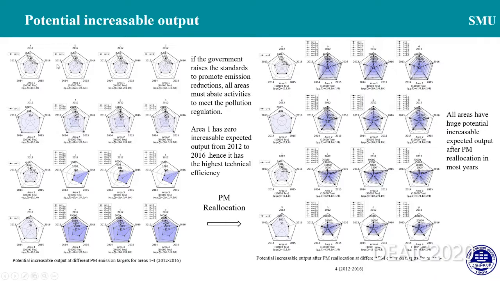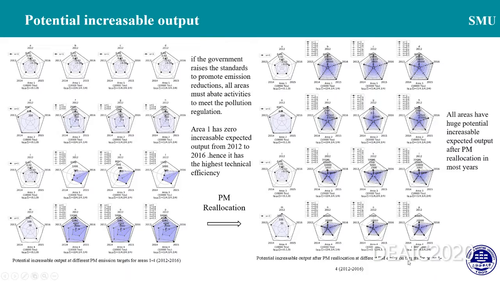You can see here, we cannot decrease omega. When we decrease omega, we will get a negative value, which means Area 1 has the highest technical efficiency. Last, all areas have the same trend of decreasing desirable output with stricter environmental regulation, except for the vertical direction.